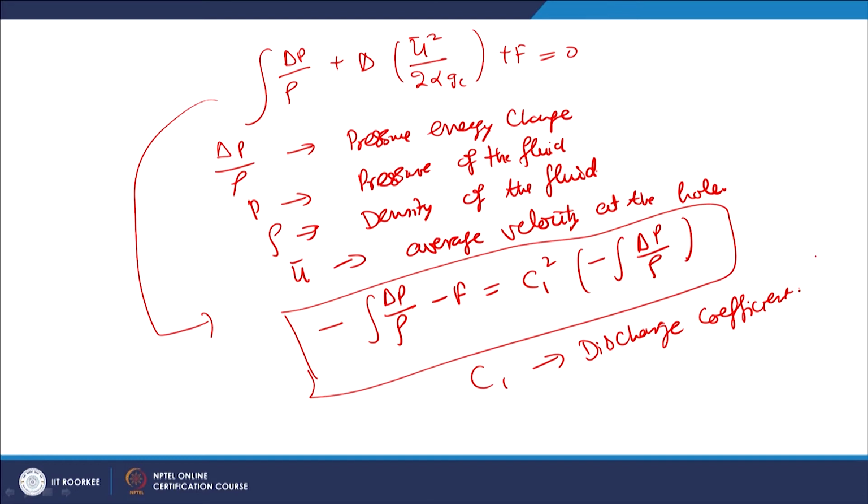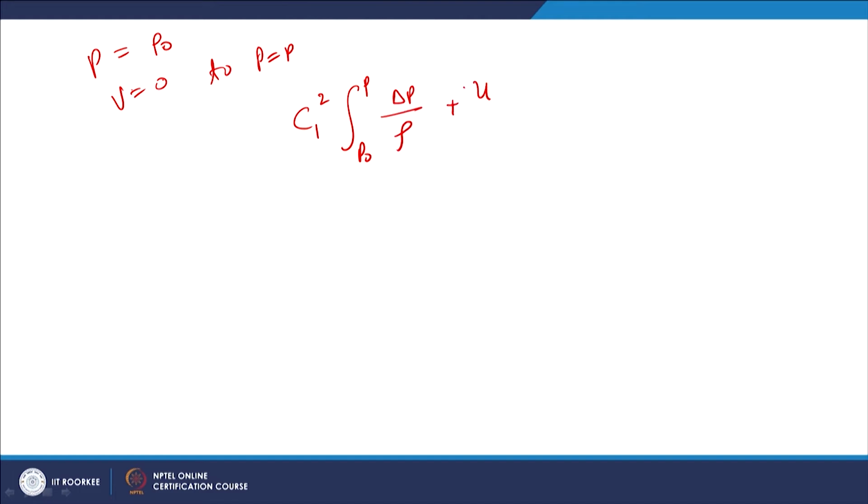If we combine both equations and integrate from P is equal to P naught, U is equal to 0, to P is equal to P, then we will have C1 square times the integral from P naught to P of dP upon rho plus U bar square upon 2 alpha gc is equal to 0.